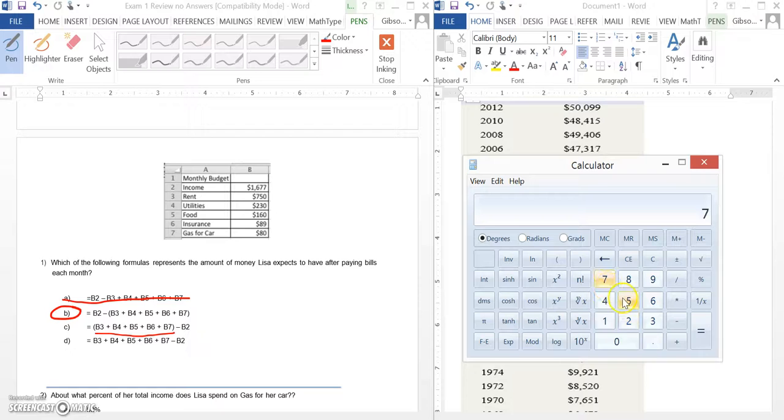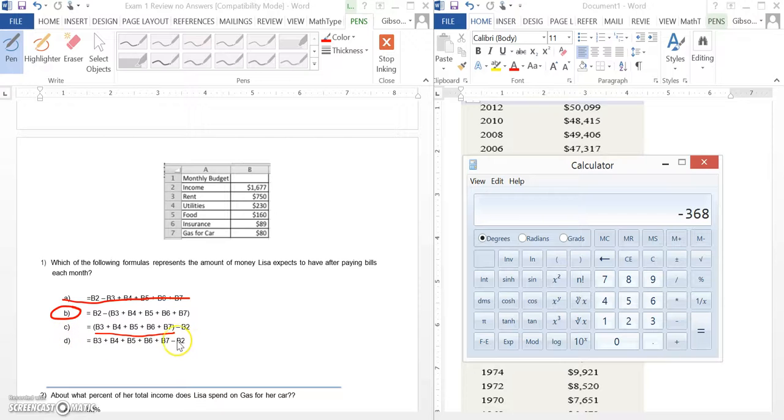If we take 750 plus 230 plus 160 plus 89 plus 89 plus 80, that would give us 1,309 minus 1,677. It would give us that we're in a hole, and that's not the case. So we know C cannot work.